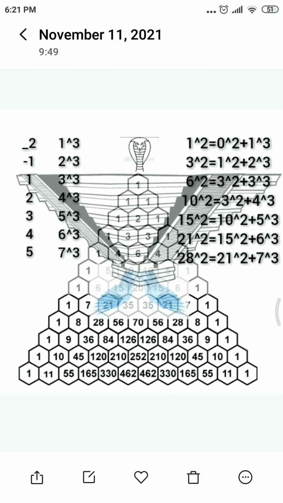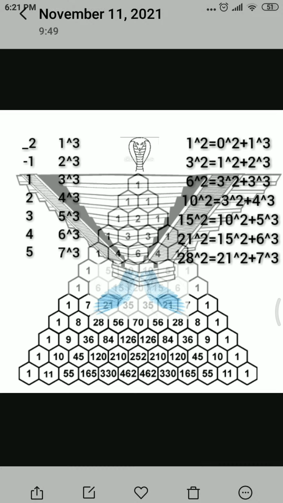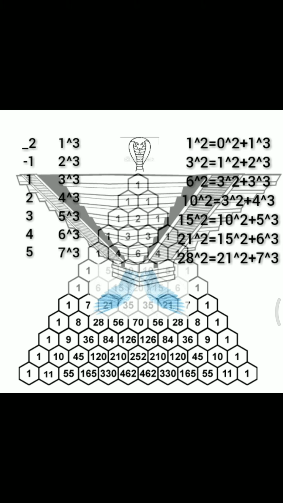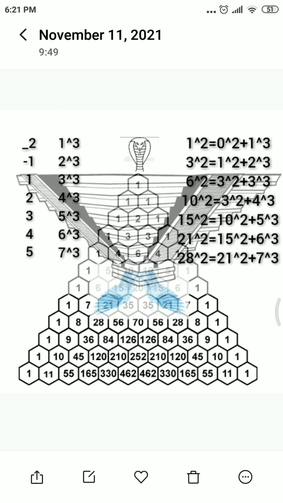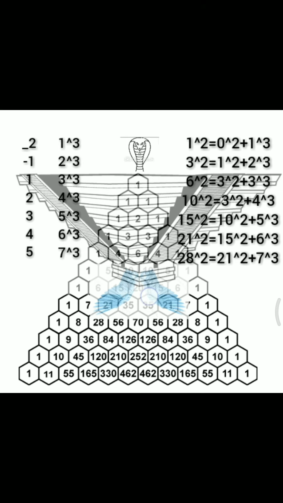Wherever I can, I include that. As you can see, this is the Chichen Itza pyramid, and we have seen that 15 squared was here, and 6 cube was here. 6 cube is the Patala. This bird, the wings of the bird is 15 squared.